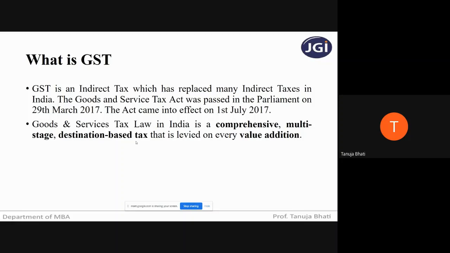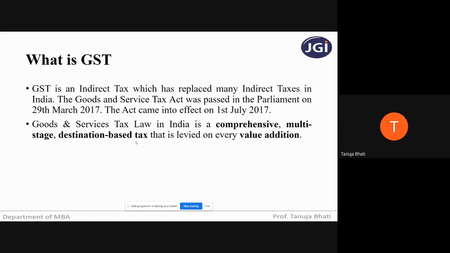So in the pre-GST regime, which is the tax that I'm going to charge, students? I just explained in the earlier slide. When I'm selling the goods from one state to another state, I'm obviously going to charge a tax. Now, in the pre-GST regime, which tax was I charging? CST. Central sales tax. Very good.